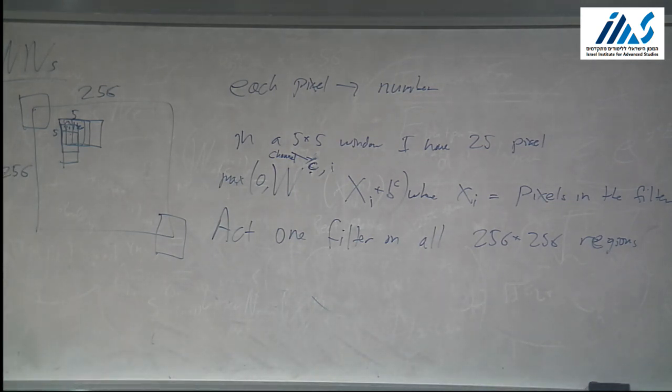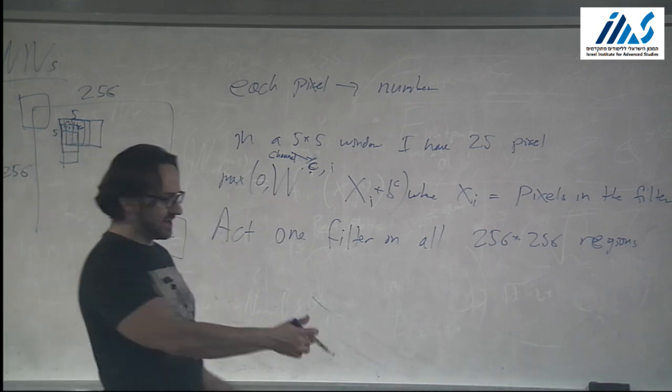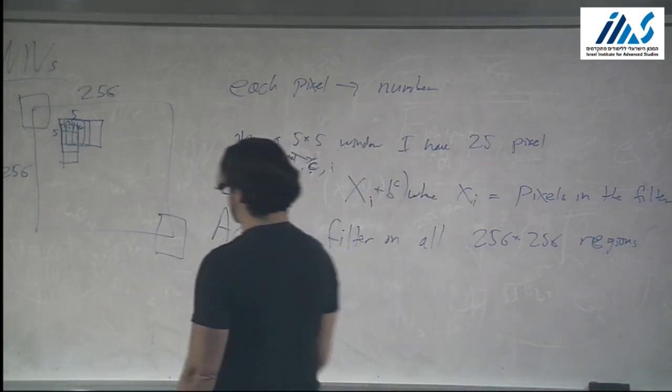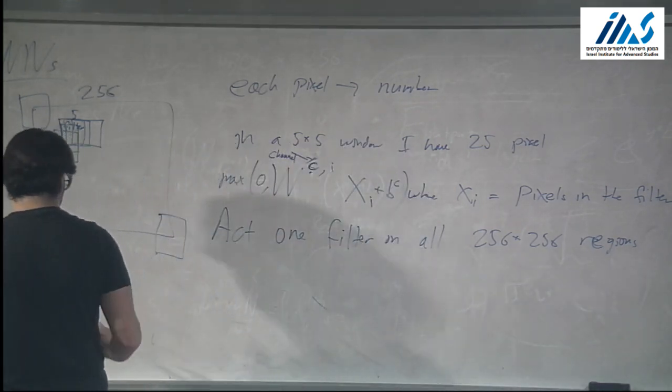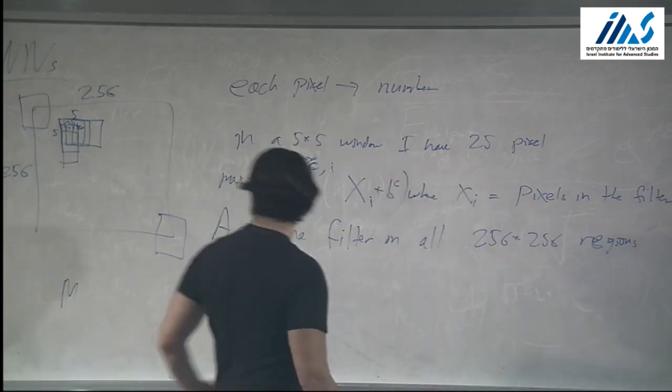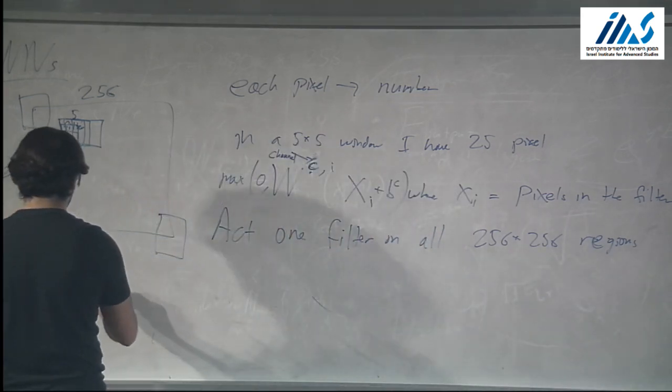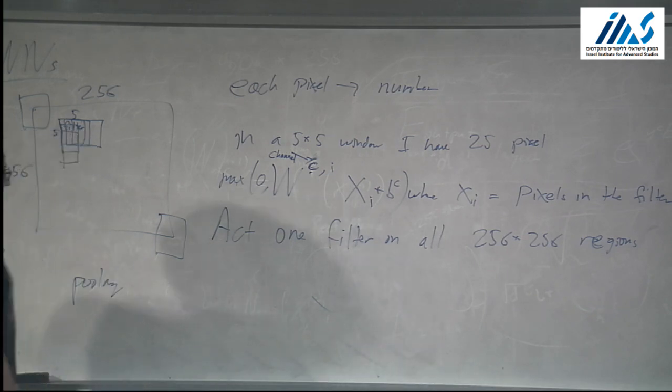So how do I decrease the size of the image? Well, there are a bunch of simple things I could do. One is I can just pool together neighboring pixels after I do this. This is called pooling.